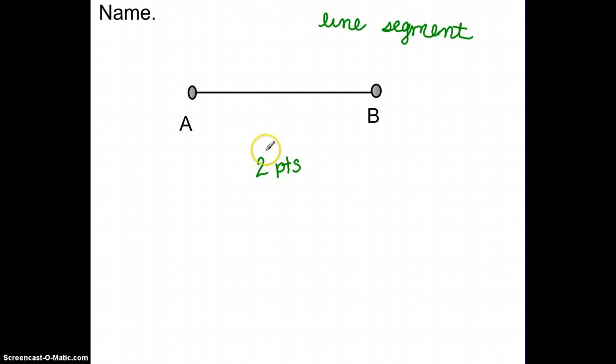When I use 2 points, it does have to have a line segment marking over the top. So if I did AB, that would be one name, or I could have done it backwards and did BA. They have to have that line segment mark over the top, and it is also important that you are naming them by the end points of the actual segment.